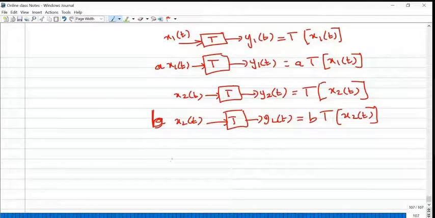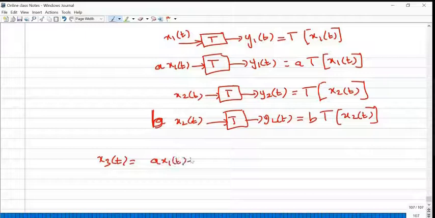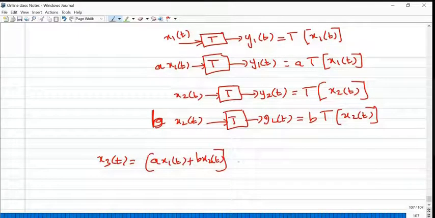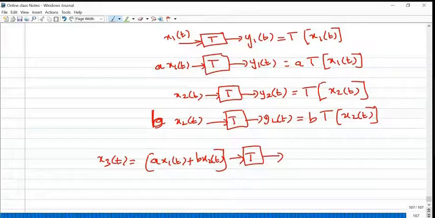Okay. The scaling property. Suppose I'm giving my input x3 of t, where x3 of t is equal to a x1 of t plus b x2 of t. Assume this input x3 of t goes to the same system. My system response is y3 of t.